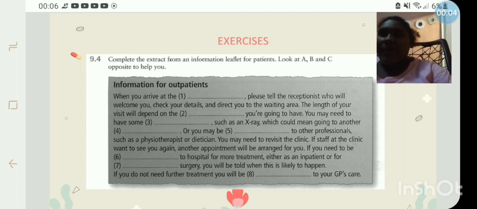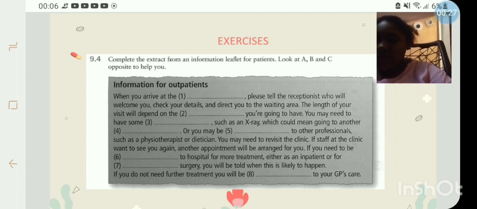Exercise 9.4. Complete the extract from an information leaflet for patients. Look at A, B, and C opposite to help you. Information for outpatients. When you arrive at the hospital, please tell the receptionist, who will welcome you, check your details and direct you to the waiting area.